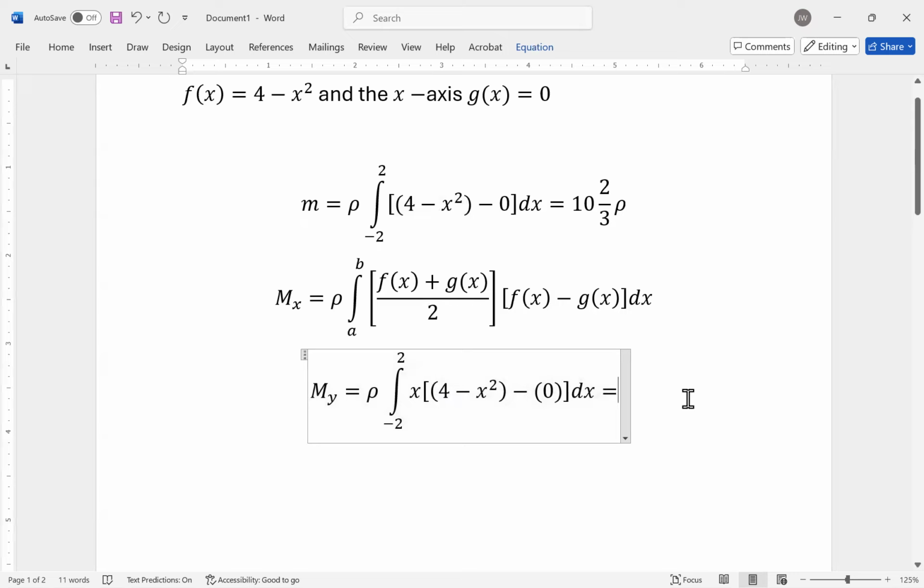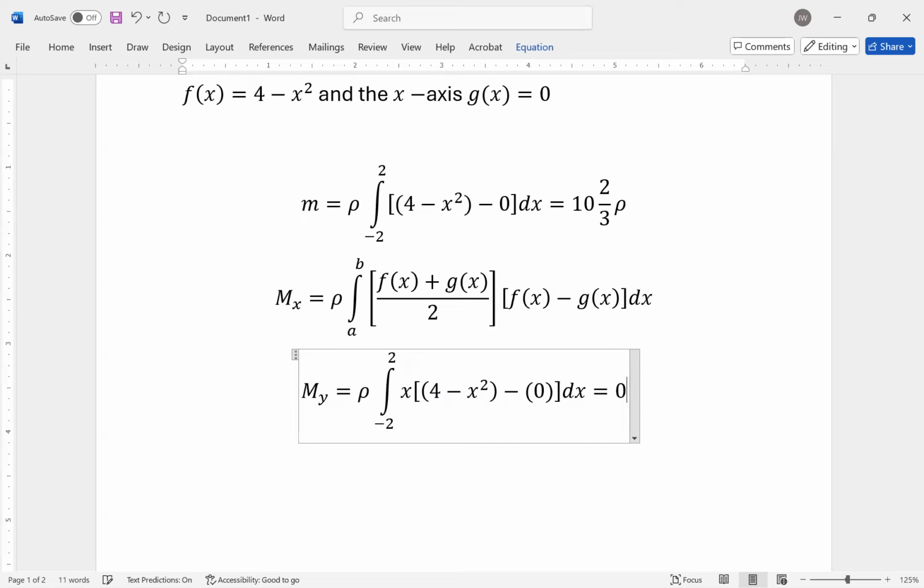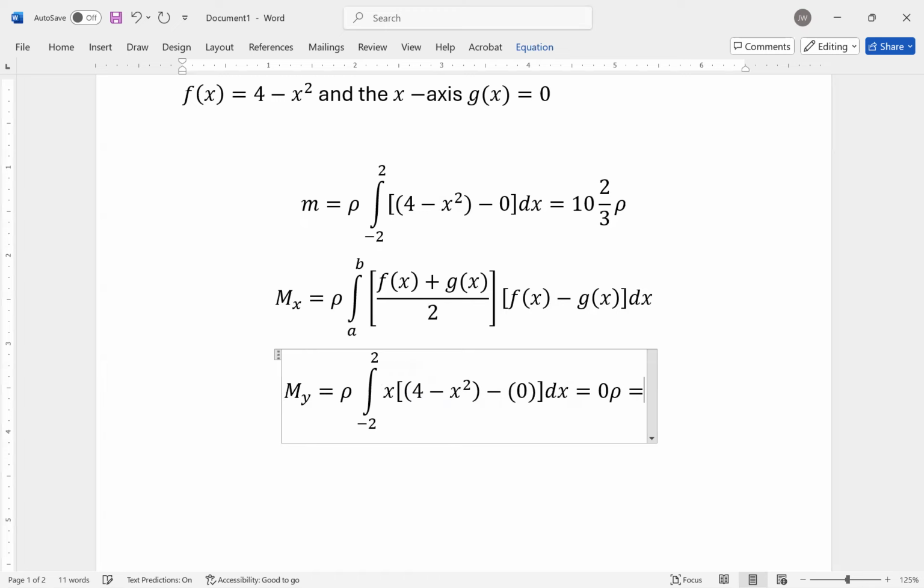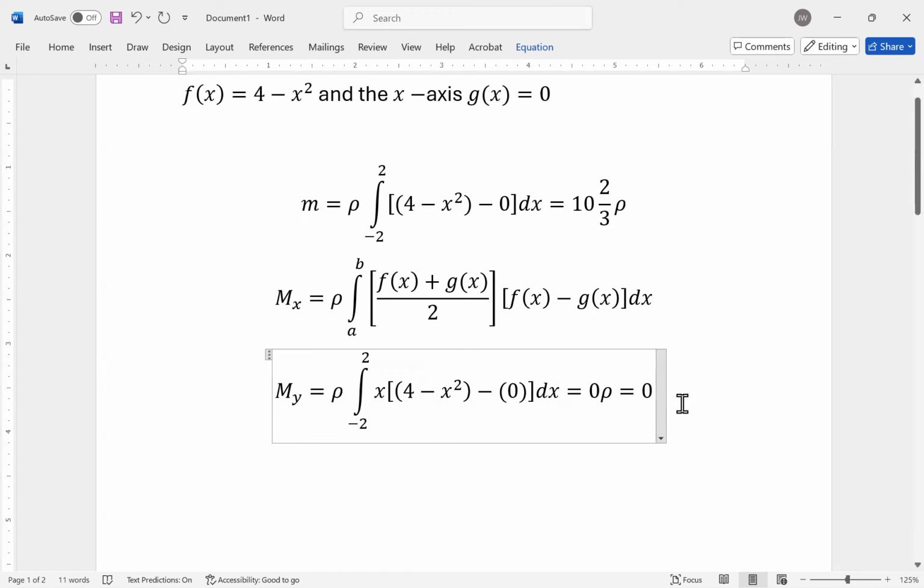Doing that gave me 0 times rho, or just 0 for my moment about the y-axis. That means in the x direction, it should be balanced right where the y-axis is, in other words, at x equals 0.